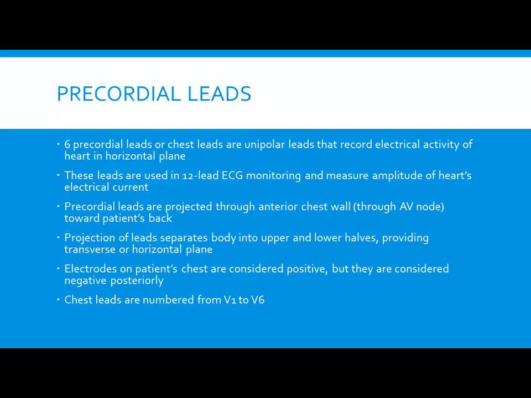So we talked about your bipolar leads. We talked about your unipolar or your augmented leads. We're just going to quickly talk about your precordial leads, just because I need to make sure you know how to place the 12 leads. That's one of your check sheets where you place the 12 leads. What they do is they give you a view of the left ventricle in certain aspects on a horizontal plane.